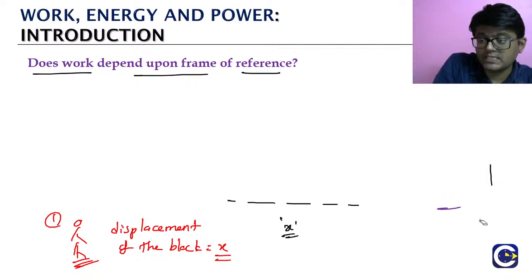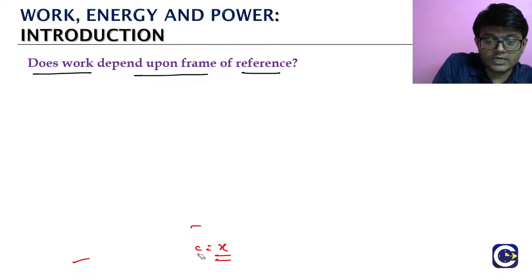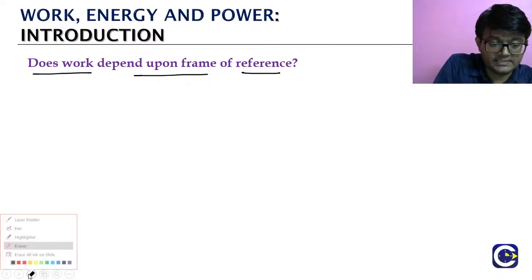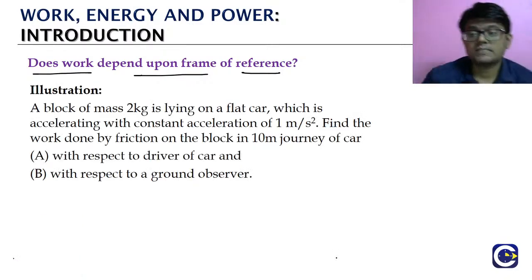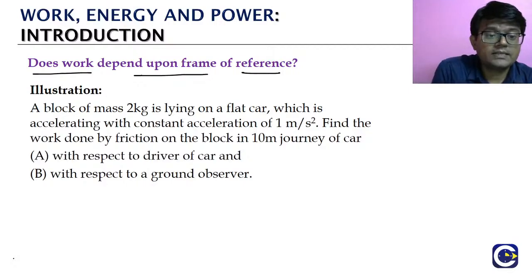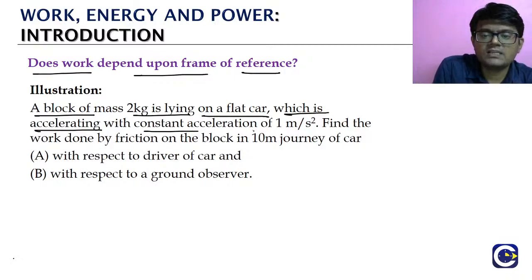If we get some theoretical questions on this work, energy and power topic, we may expect questions like this. So we'll go through one sample question. A block of mass 2 kg is lying on a flat car which is accelerating with a constant acceleration of 1 meter per second square.